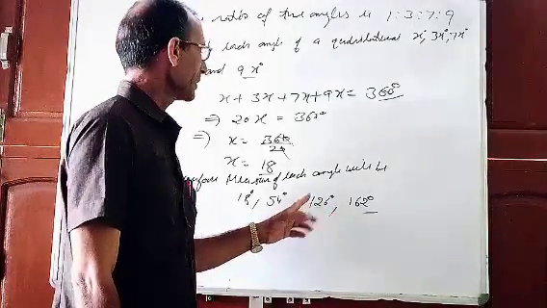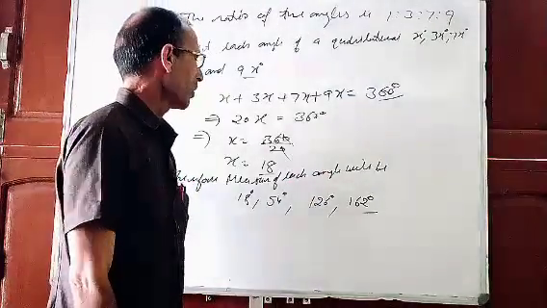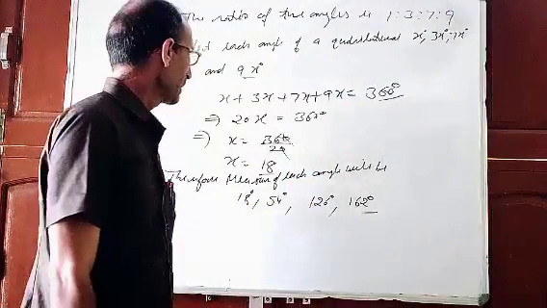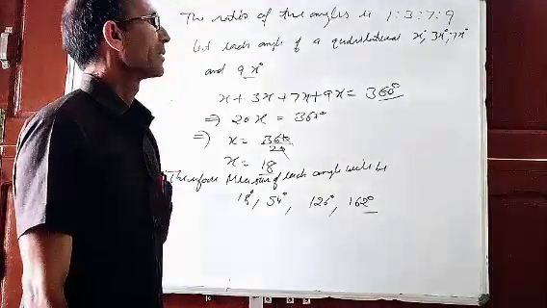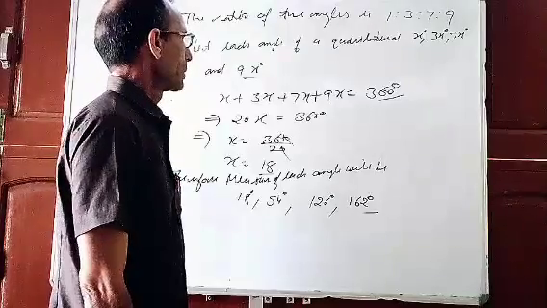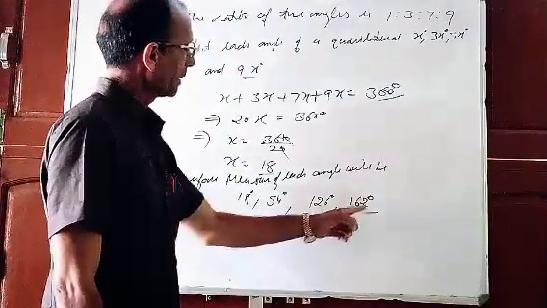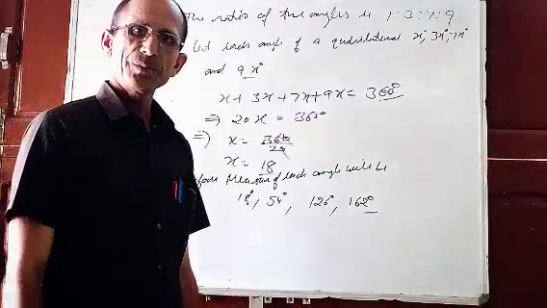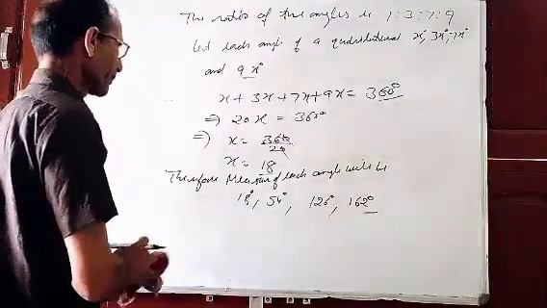So this will be 360. The sum of the measures of the angles will be 360. Any doubt, any confusion? Okay, right. So their measures will be these. Understood? Next question.